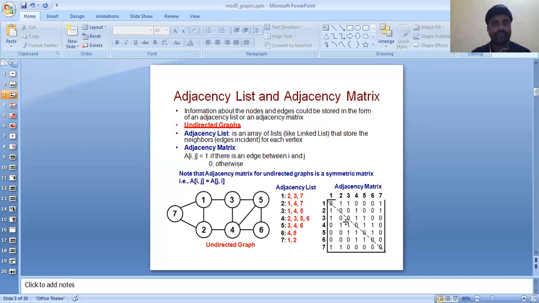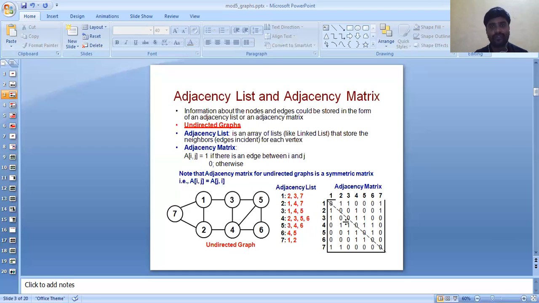Now we want to know what the adjacency list and adjacency matrix are. That means how we can represent the graph in terms of an adjacency list and a matrix, list-wise and matrix-wise. The present slide shows it.